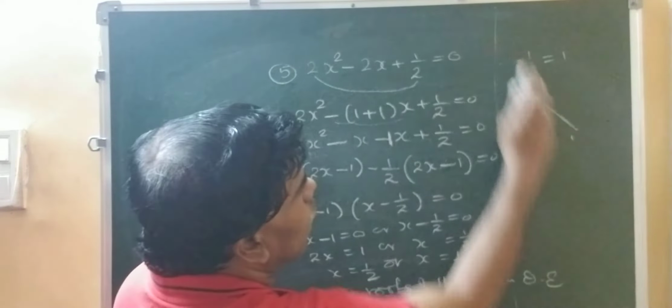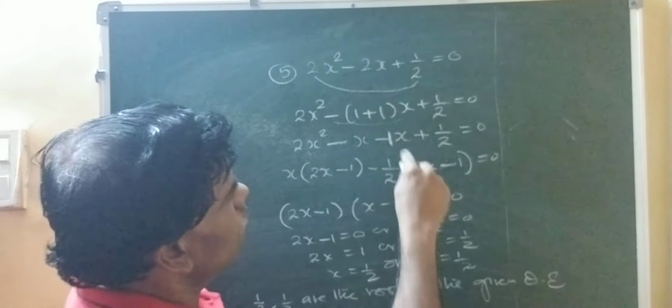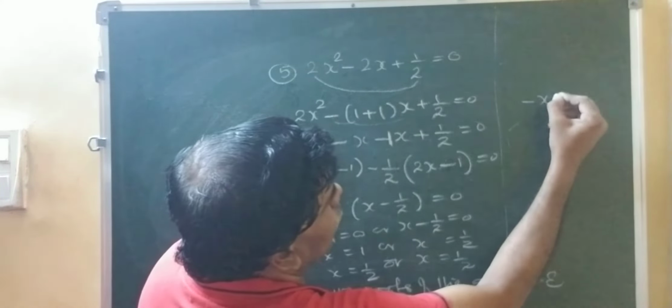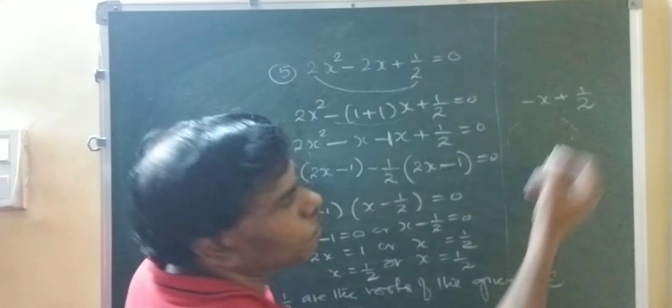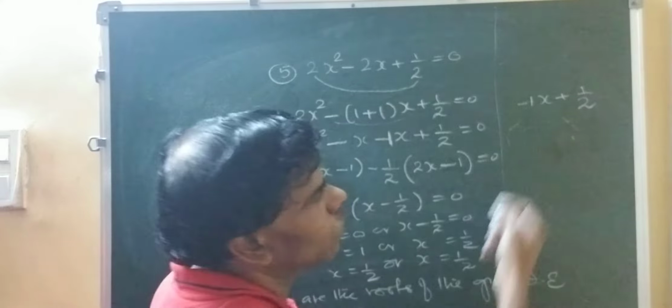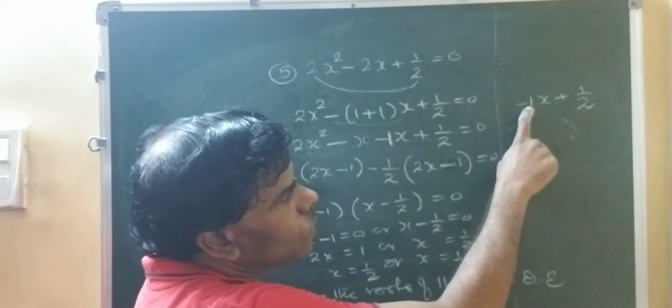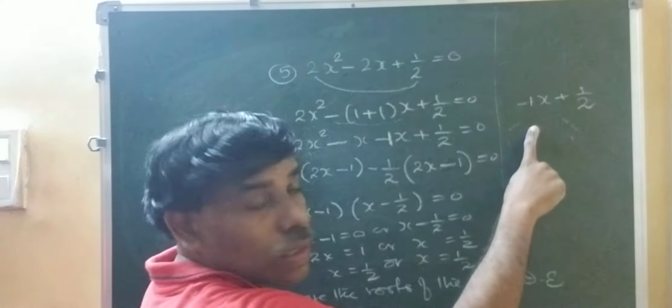Now you may be having the doubt how it has become. No? Now I'll explain. See here we have got minus x plus 1 by 2. So here 1 is there. So what I will do is I will multiply this numerator by 2 and divide by 2.